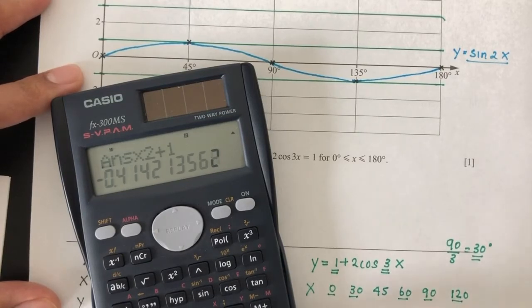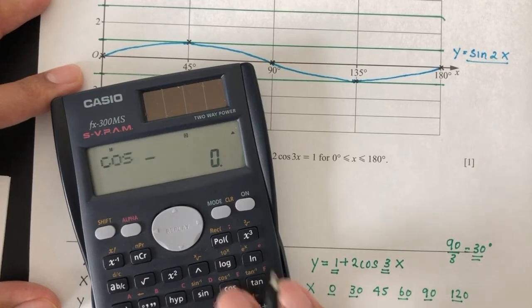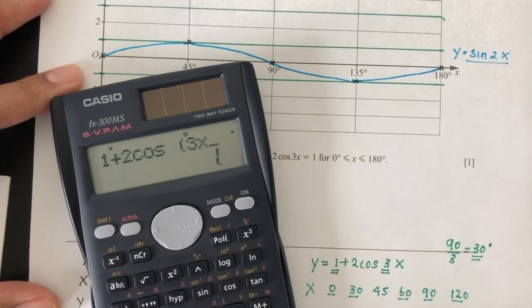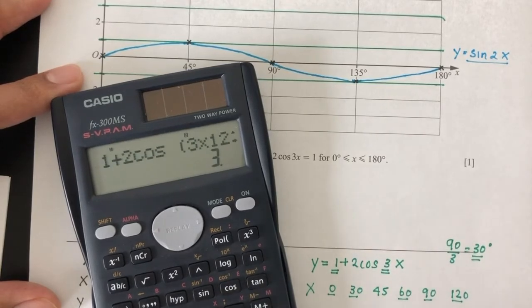So for 60, cos of 3 times 60, times 2 plus 1, that should be minus 1. 90, so 1 plus 2 cos of 3 times 90, that should be 1. And then 120, 1 plus 2 cos of 3 times 120, that should be 3.